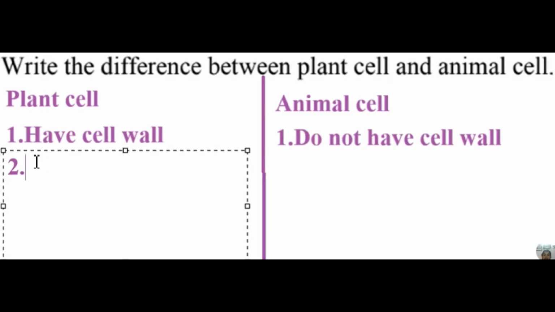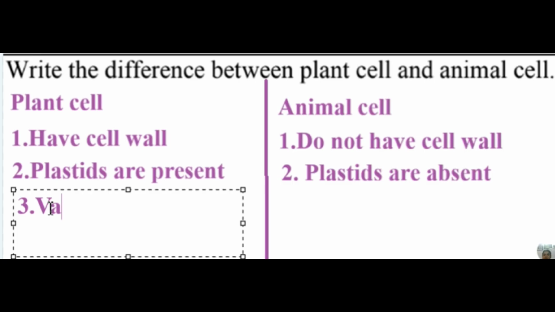The second difference is that plant cells have chloroplast, leucoplast. So all the plastids are present in the plant cell, which are absent in animal cell. Vacuoles are large in case of plant cell, whereas in case of animal cell, there will be numerous vacuoles, but they will be small in size.